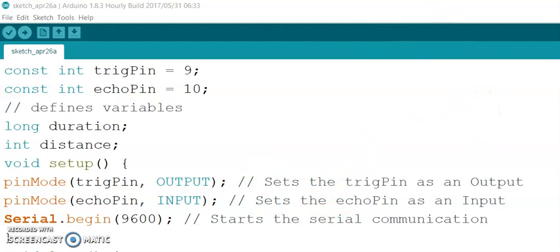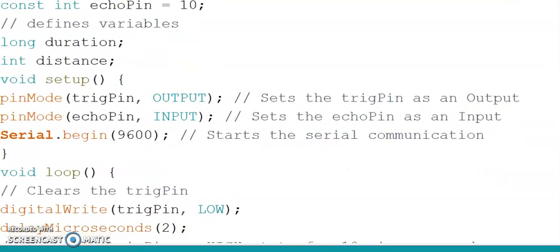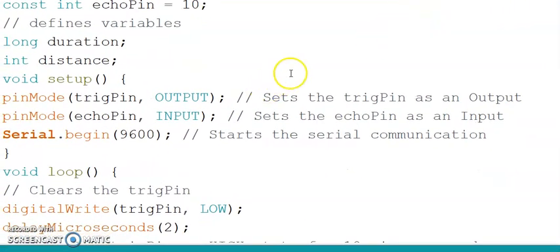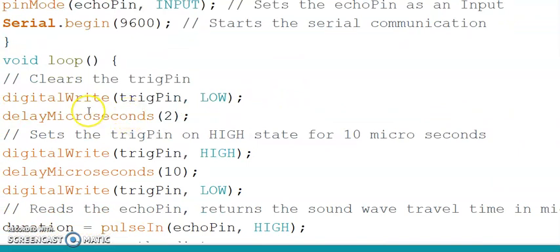I am going to go to the loop part now. As discussed earlier, to begin the ultrasonic sensor, that is to send the ultrasound, the trigger pin needs to be set high for 10 microseconds.